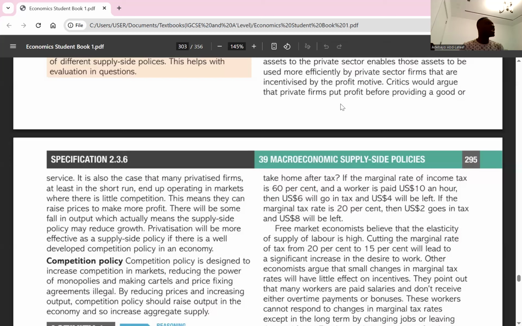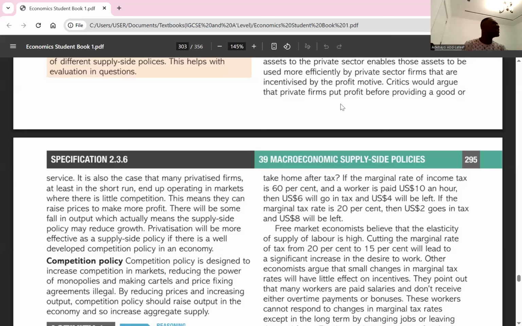But if only a few of them decide whatever happens, there might be monopoly. Do you understand? And if there's monopoly, then it will not be effective. So the only way to make it effective is to ensure that there is a competition policy that will break the monopoly. If government is providing, like the General Electric Company of Libya, it's the only provider of electricity in Libya, right?